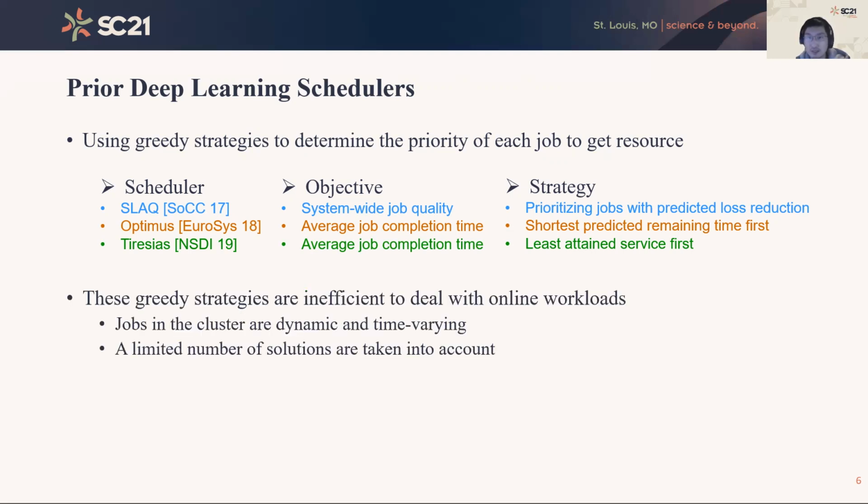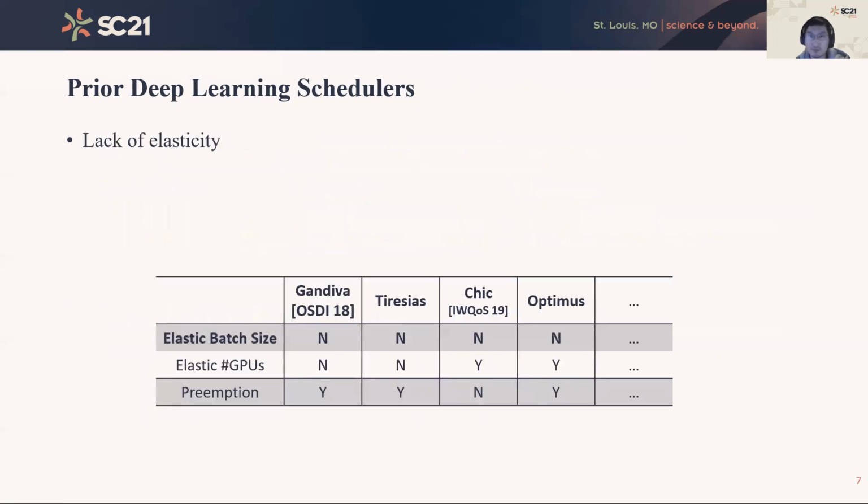However, these greedy strategies are inefficient to deal with online workloads because jobs in the cluster are dynamic and time varying. Also, the greedy strategies only take a limited number of solutions into account. Besides, these schedulers lack elasticity in their designs.